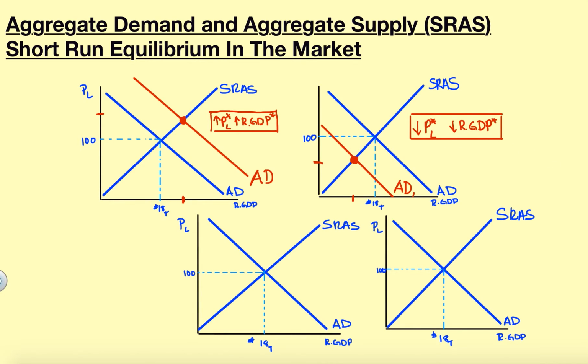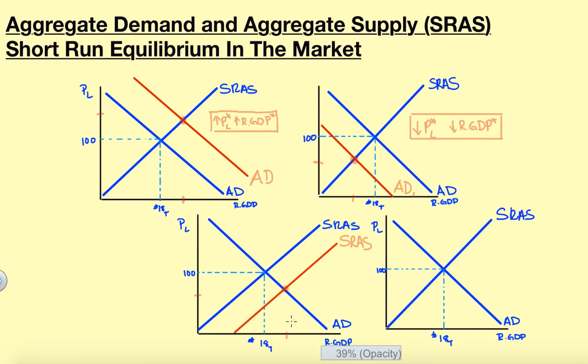Now let's look at the supply curves. Let's say that we are going to have an increase in the supply of domestically produced goods and services. So we have our short-run aggregate supply curve that's going to shift to the right, and we have an increase in the amount of goods and services that are available. However, we have a lower price. So this situation is actually really good.